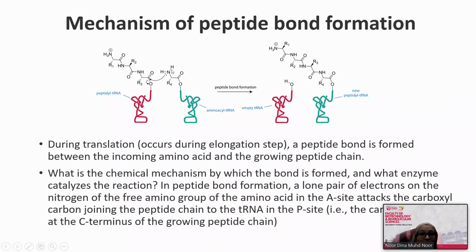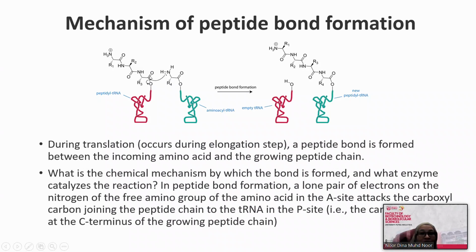So what happens is that the N will attack the carboxyl group of the first amino acid, and then the hydroxyl group, the OH of the carboxyl group, is going to be released from here.